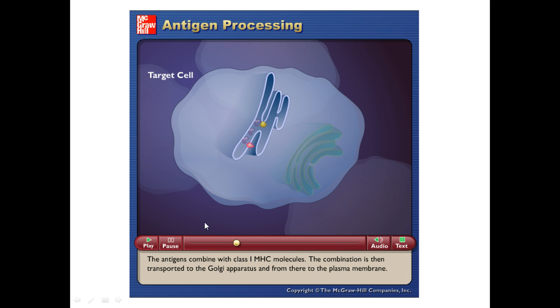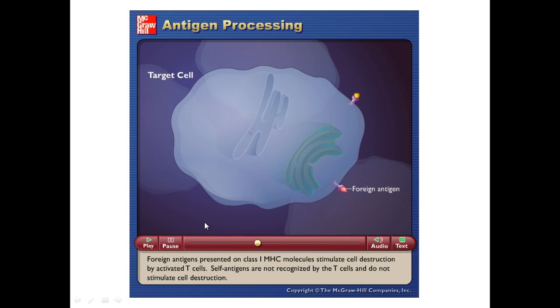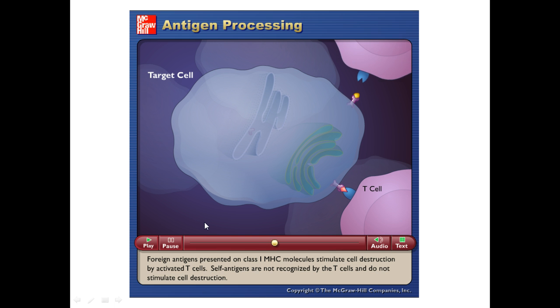The antigens combine with class 1 MHC molecules. The combination is then transported to the Golgi apparatus and from there to the plasma membrane. Foreign antigens presented on class 1 MHC molecules stimulate cell destruction by activated T cells. Self-antigens are not recognized by the T cells and do not stimulate cell destruction.